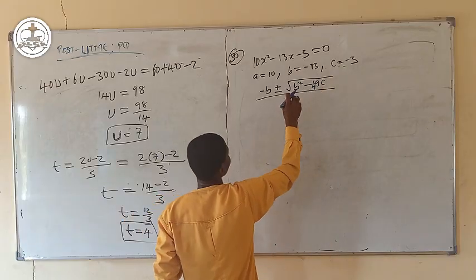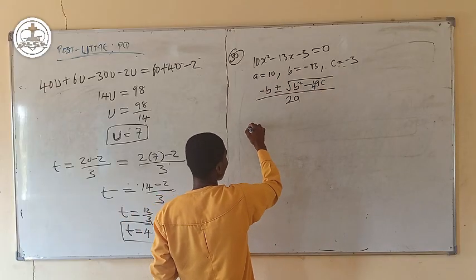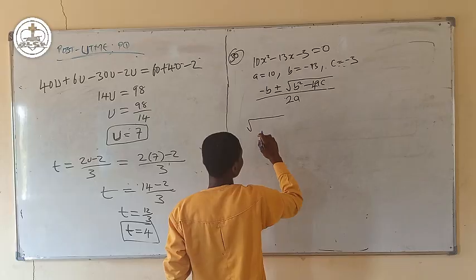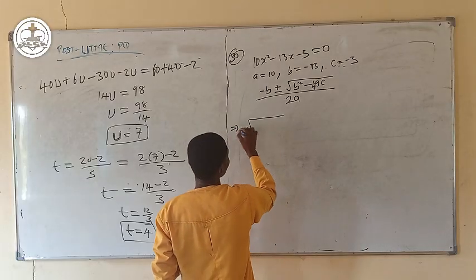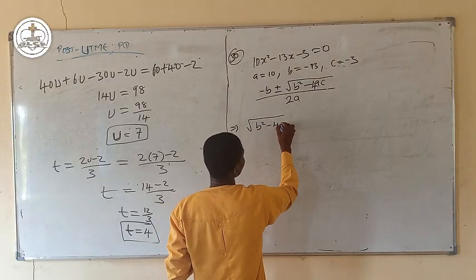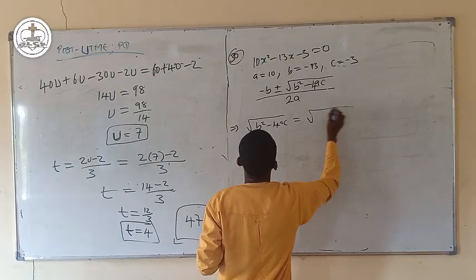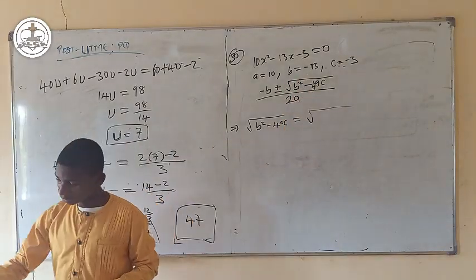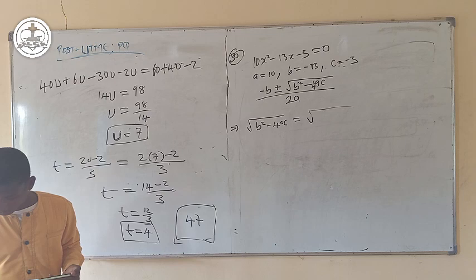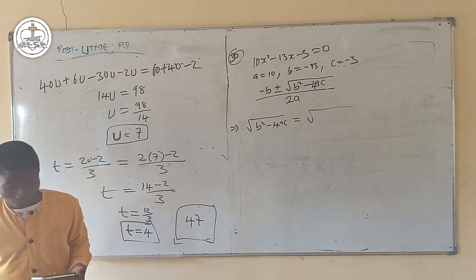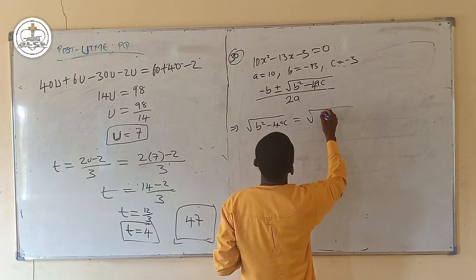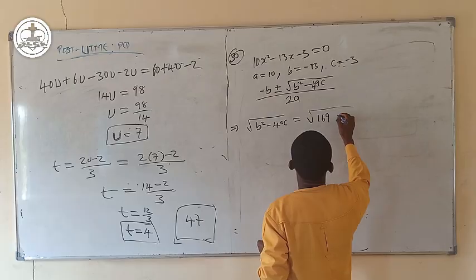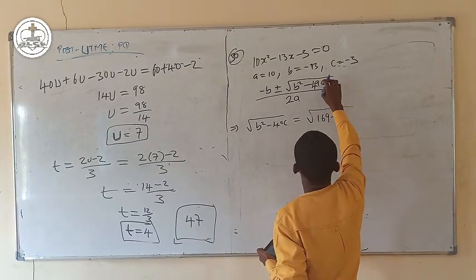Now this is the discriminant here. We can easily get it. Let's just find this before we come back. Our b squared minus 4AC: b is minus 13, and if you square it, that's 169. Then we have 169 minus 4AC.